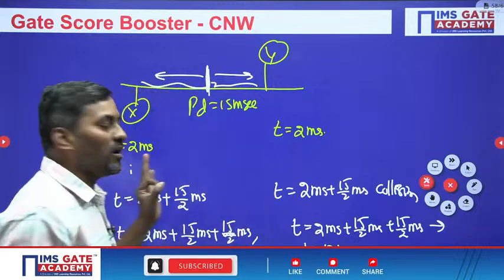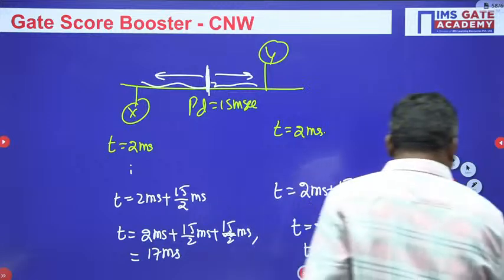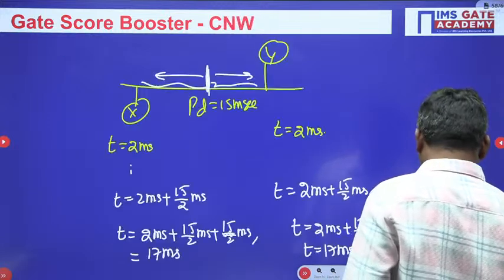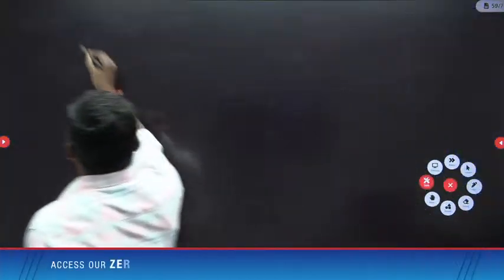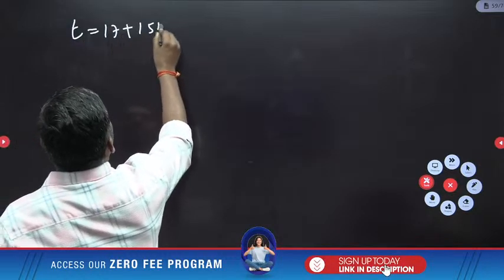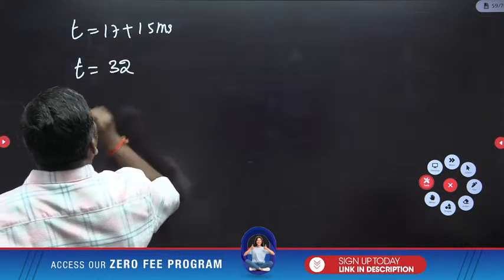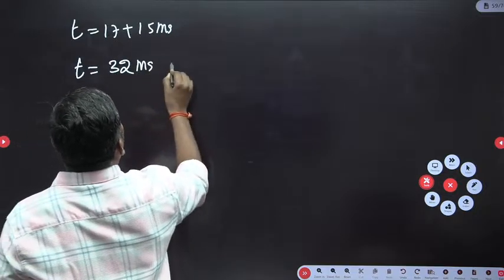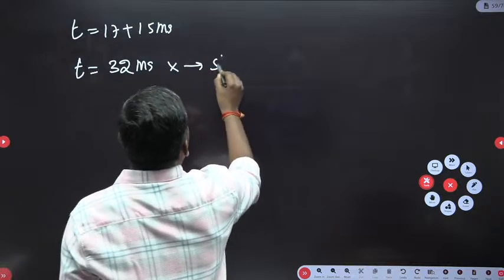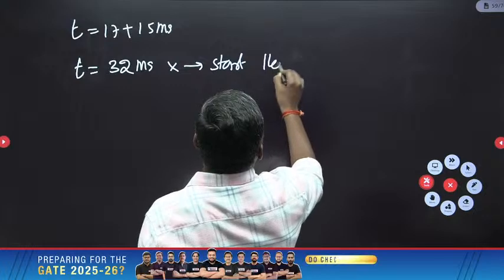X has won the chance, he will successfully transmit, correct or not? One more thing you should notice here: at time t equal to 17 plus 15 milliseconds, that means at t equal to 32 milliseconds, X will start transmitting the packet.